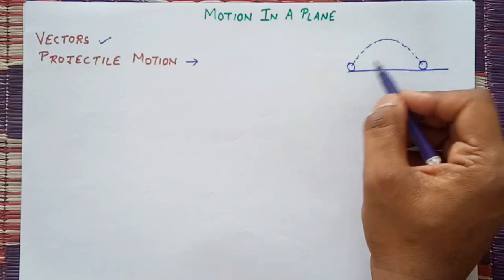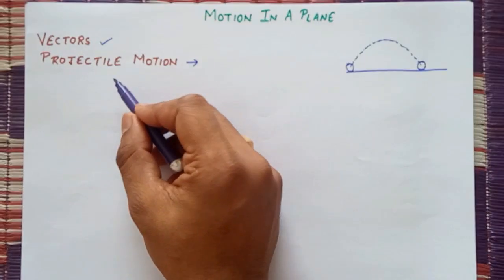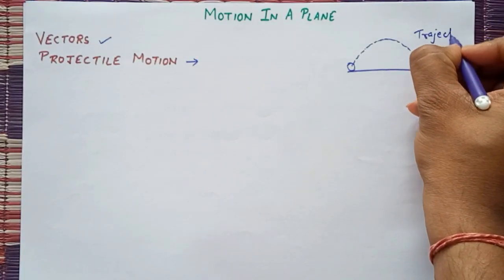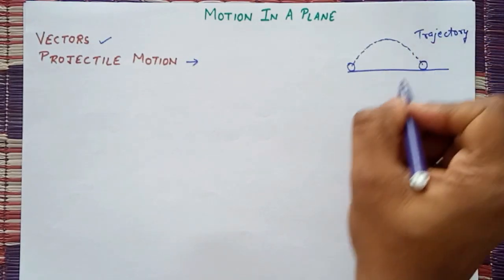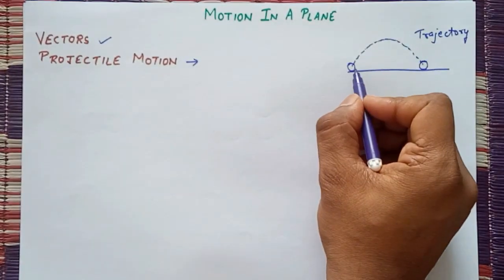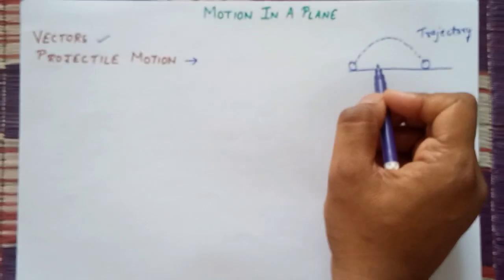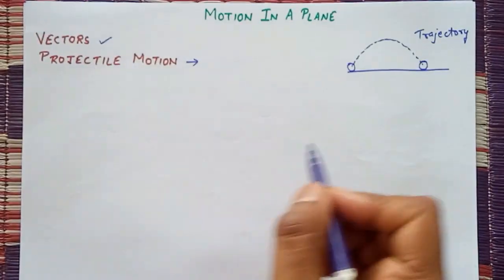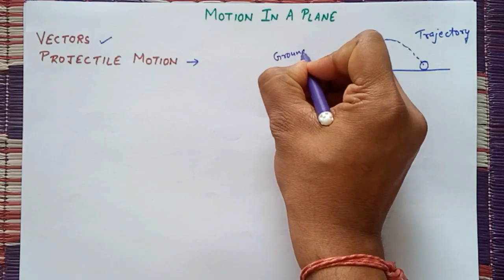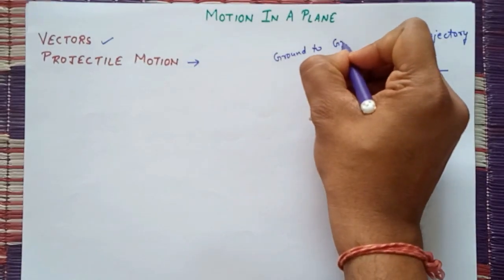This curved path is known as the trajectory. This is a ground to ground projectile.